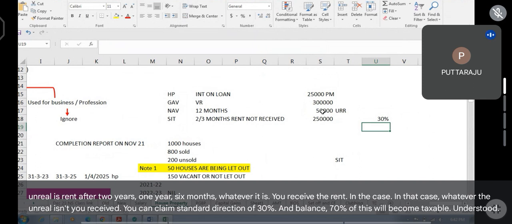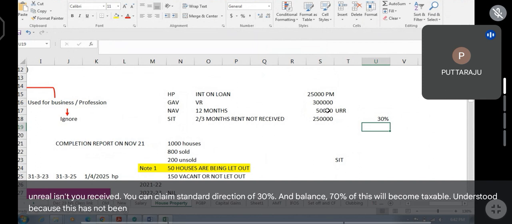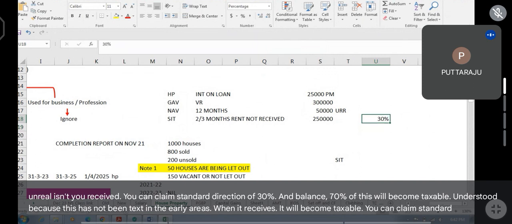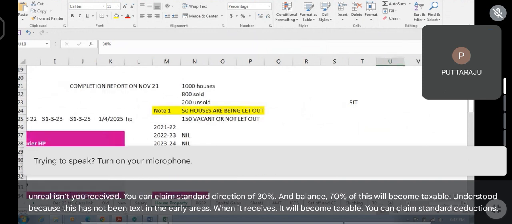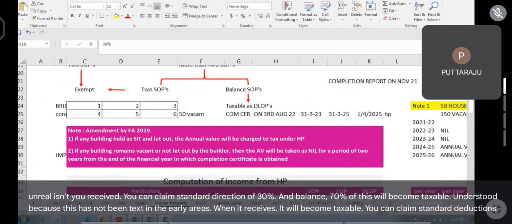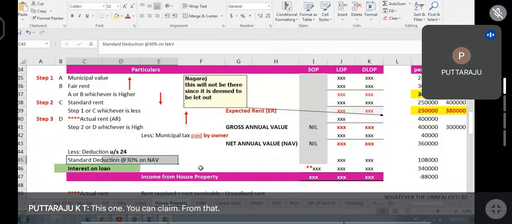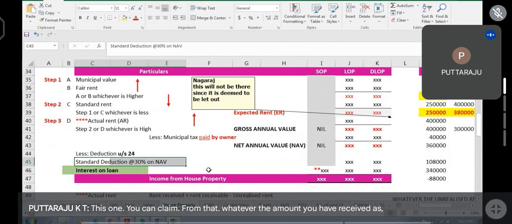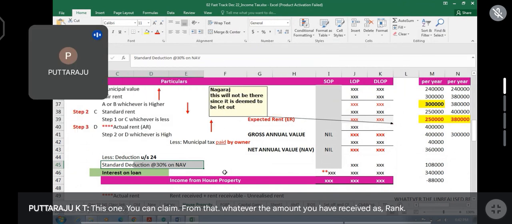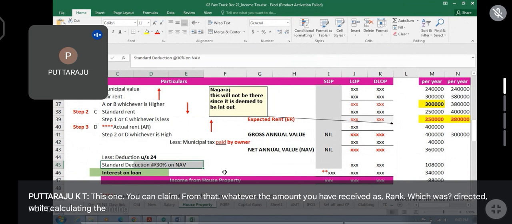Understood? Because this has not been taxed in the earlier years. When it is received, it will become taxable. You can claim standard deduction on whatever amount you have received as rent, which was deducted earlier as unrealized rent while calculating actual rent.